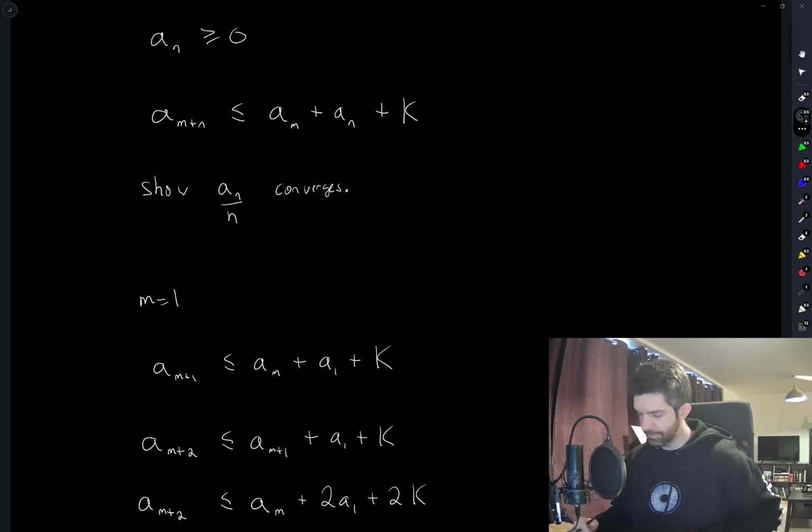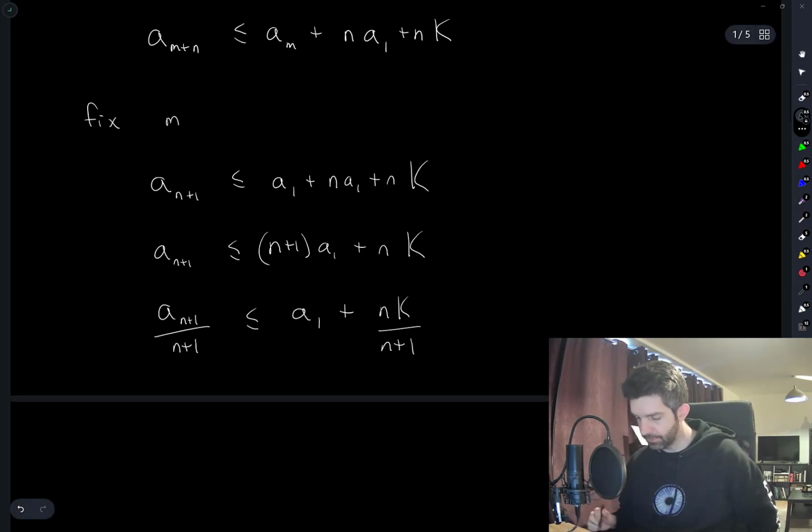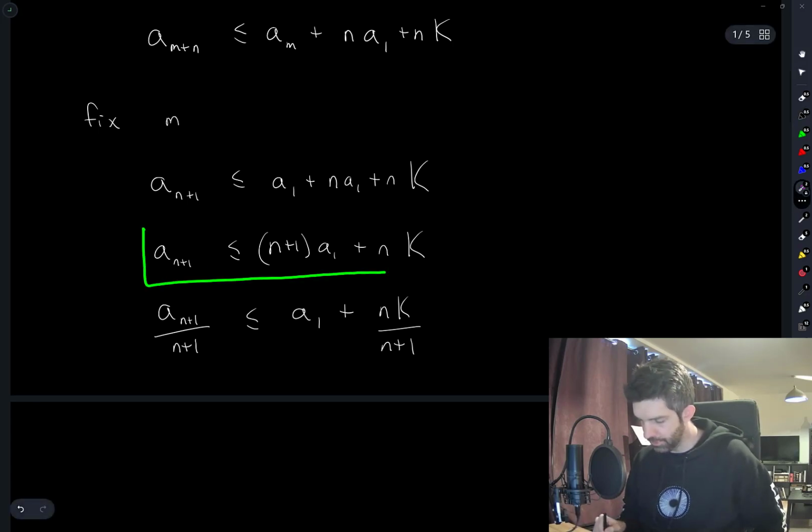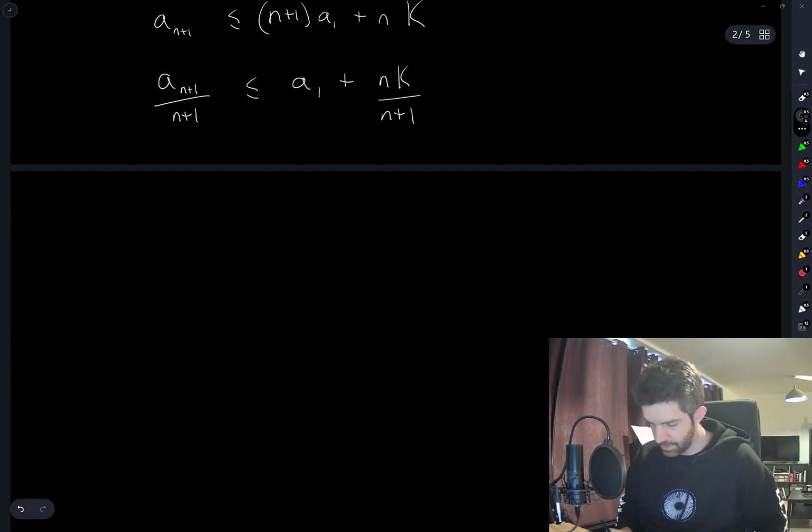I think we can kind of combine this line here with my previous statement. Suppose a_n over n does not converge.